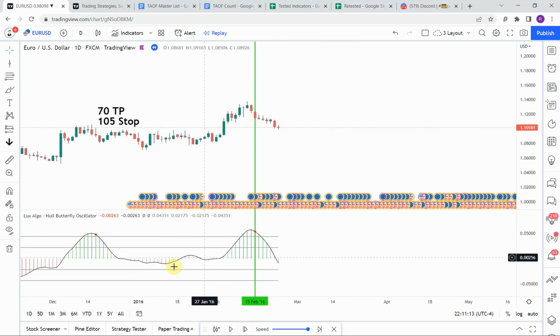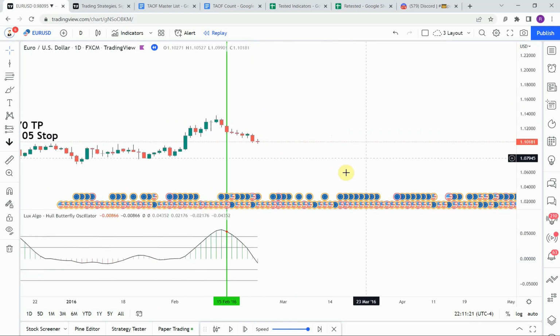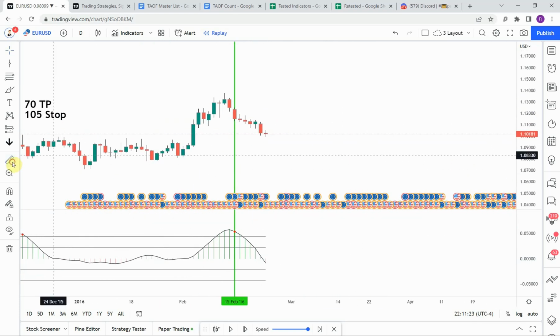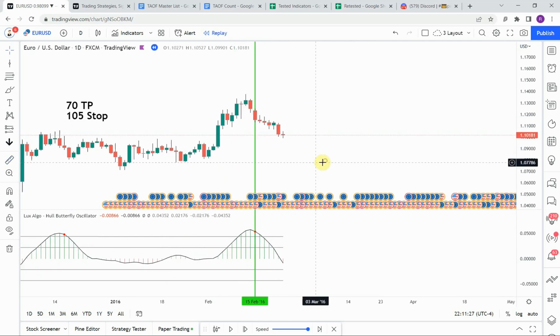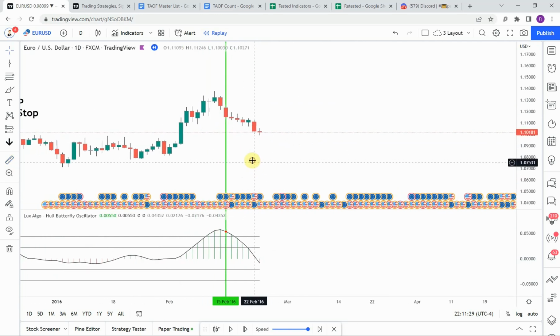And so we see that oscillating line break up above the upper bands there, and then we get our red dot, and we get a nice push to the downside there, which does come down and get us to our take profit. Let's go ahead and continue on.